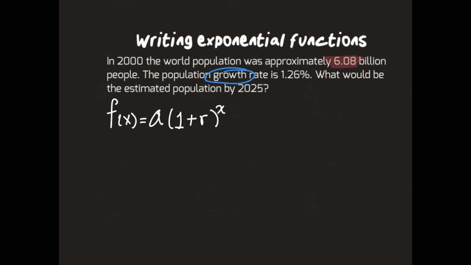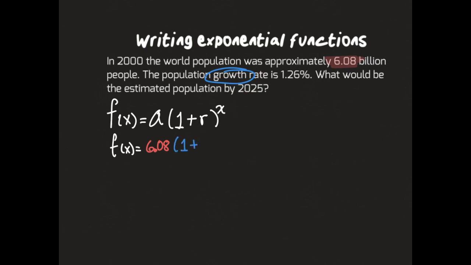My initial value is 6.08, so I'm going to say f of x equals 6.08. That's my initial value. And then I have growth, so I'm going to say 1 plus r.